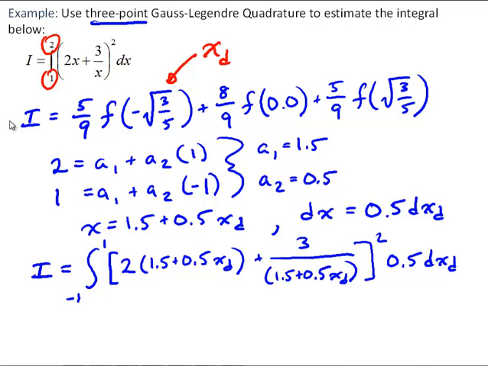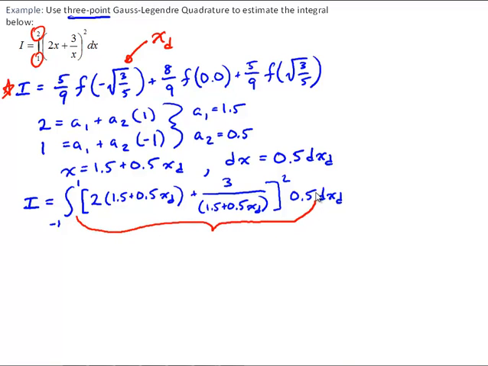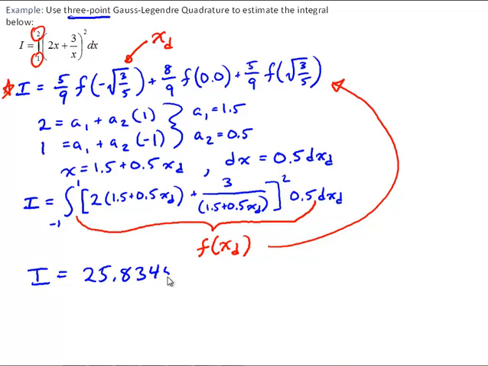Now we're ready to plug things into our function and evaluate our Gauss Legendre formula. To do that, we need to recognize what is our f, and our f is everything inside our new integrand. So that's going to be our f of xd, and we'll just plug in those function evaluations as shown up here. And when you plug that in, you will get a result I of 25.8345.